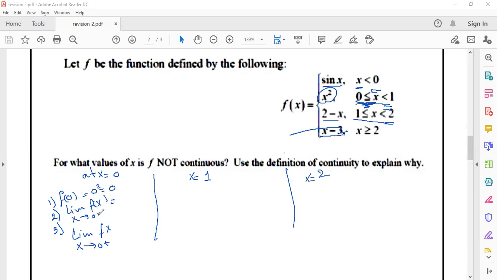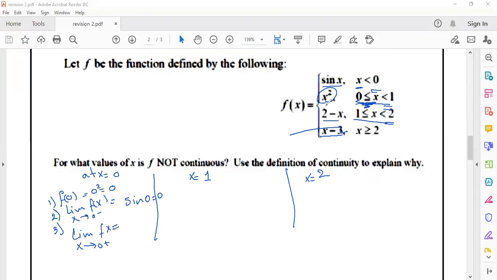Limit f of x when x approaches 0 from the left means x less than 0. I have to replace in the first rule sine 0, it will be 0 as we solved it in the session.